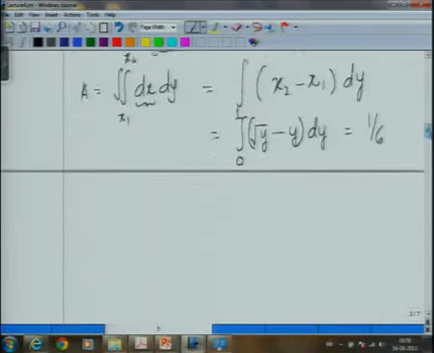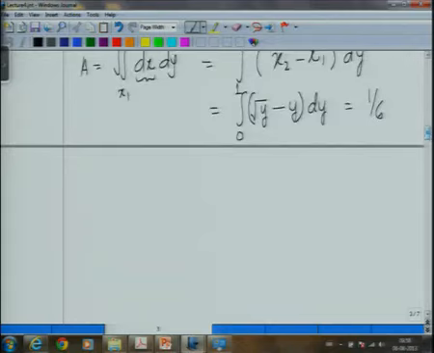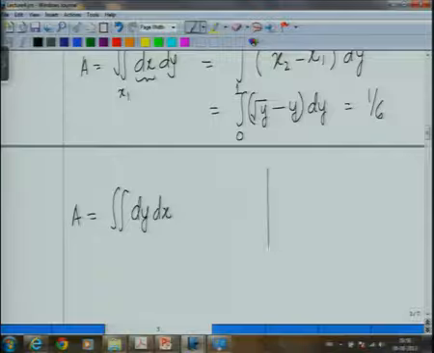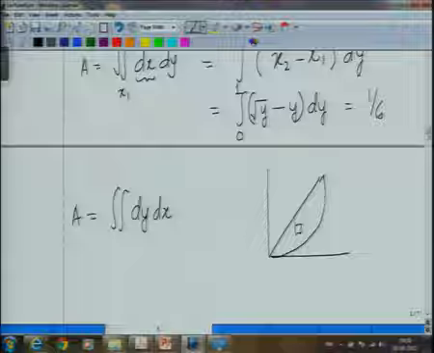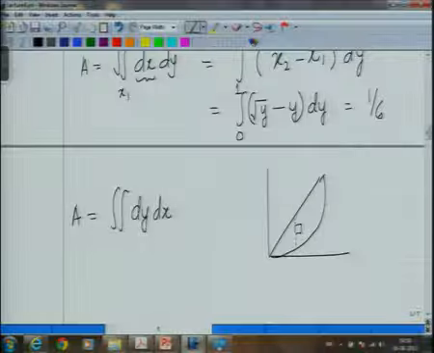instead of taking dx dy, I could have also written the area as integral dy dx. Now, if I do it like this, then I am first integrating with respect to y.